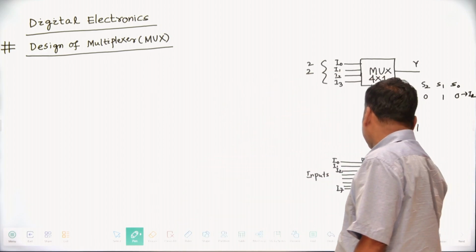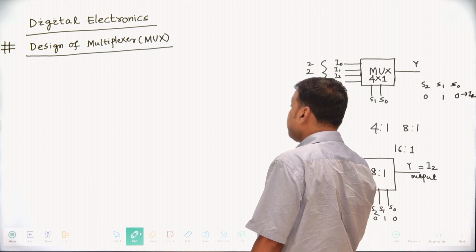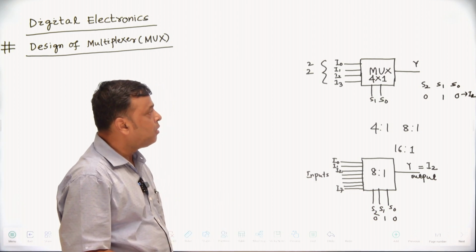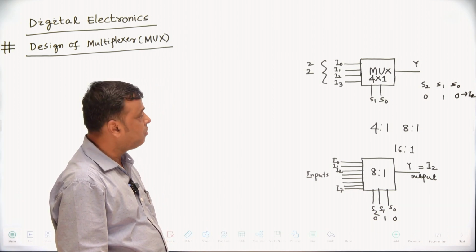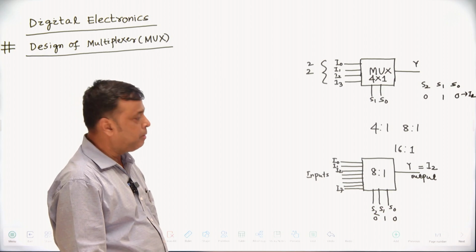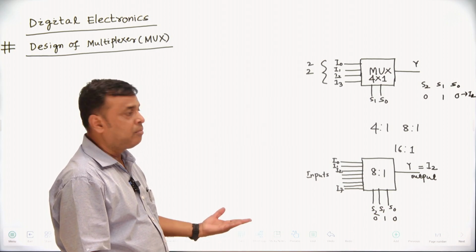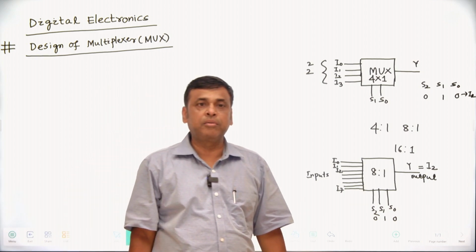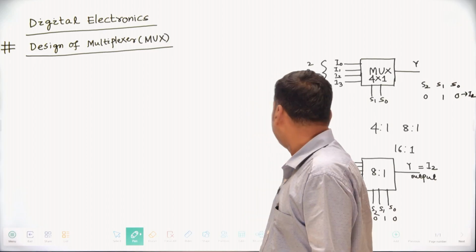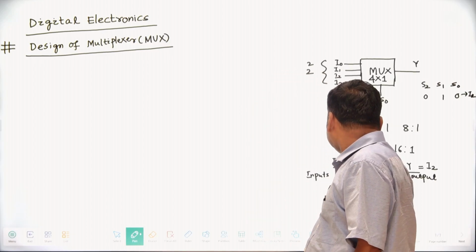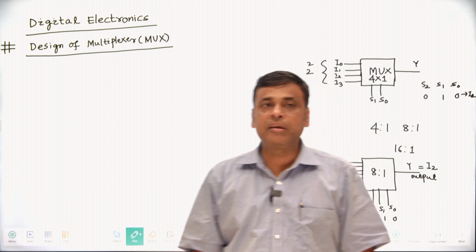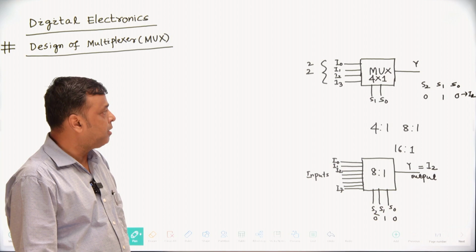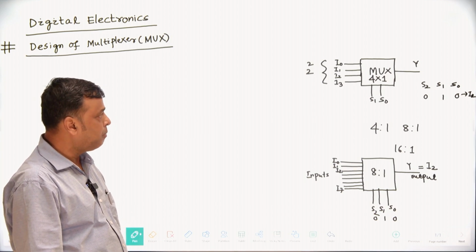According to your naming, you have to prepare a truth table, develop the logic, find out the logic equation, and on the basis of the logic equation, the circuit can be implemented.